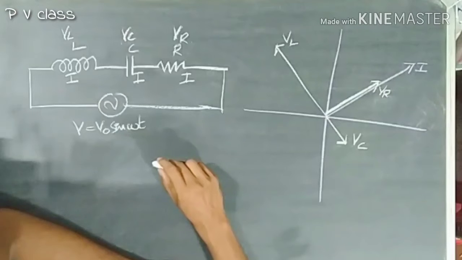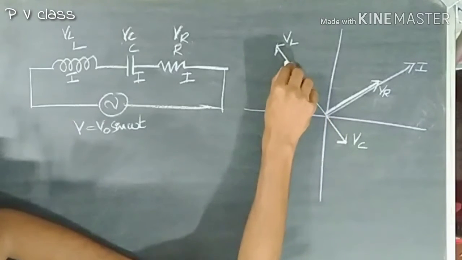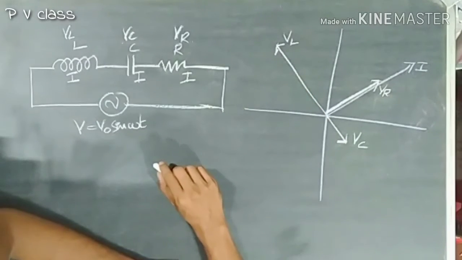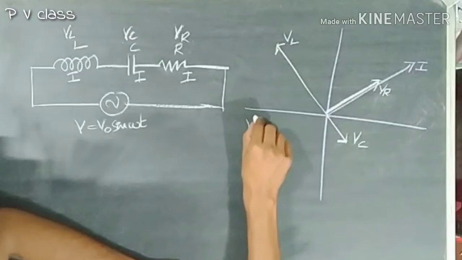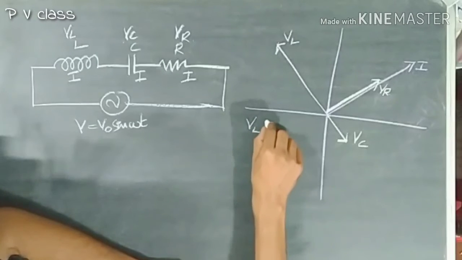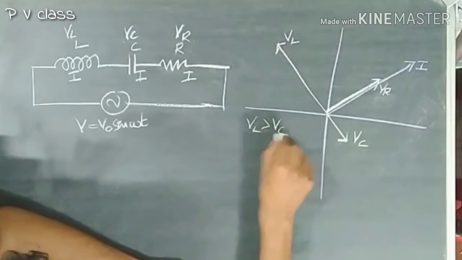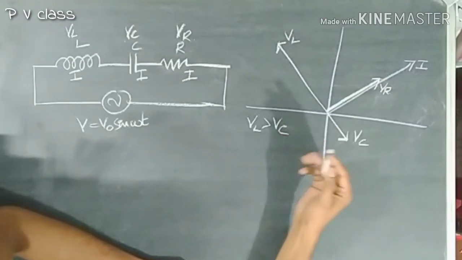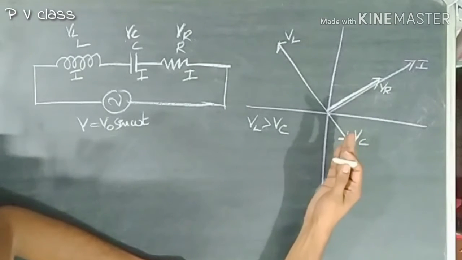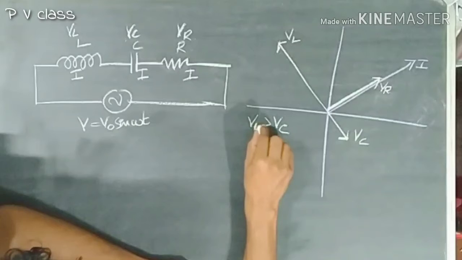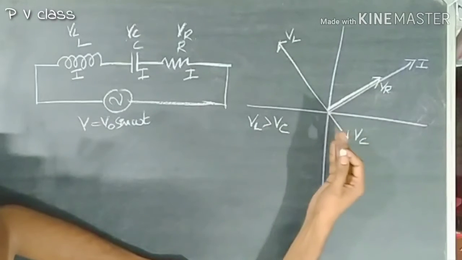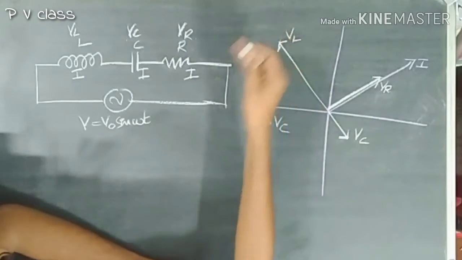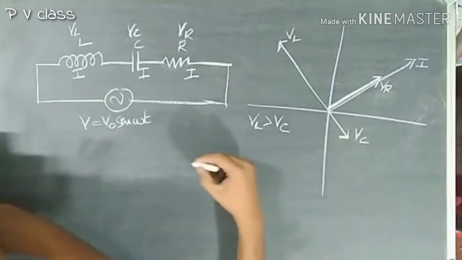You could clearly see the length of VL and VC is not same. In this case, I am having a situation where VL is greater than VC. Should it be always like this? No. But it could be like this also. Therefore, now we are taking a situation where voltage across inductor is greater than voltage across capacitor.